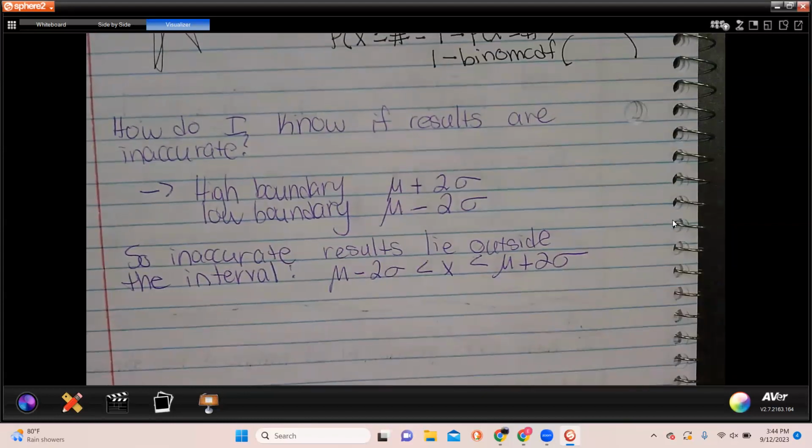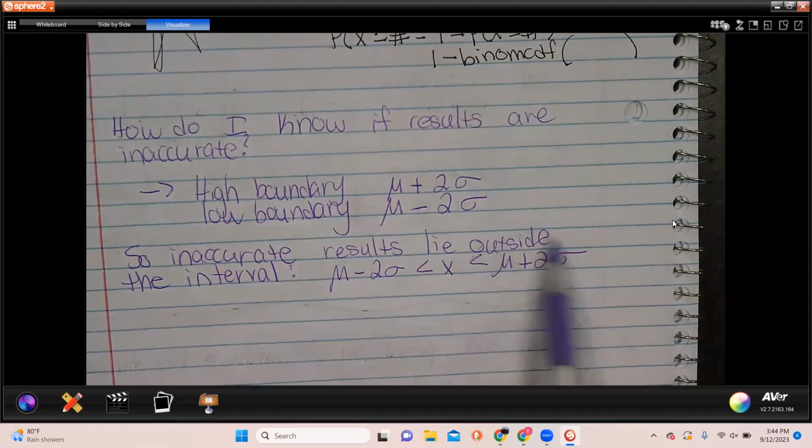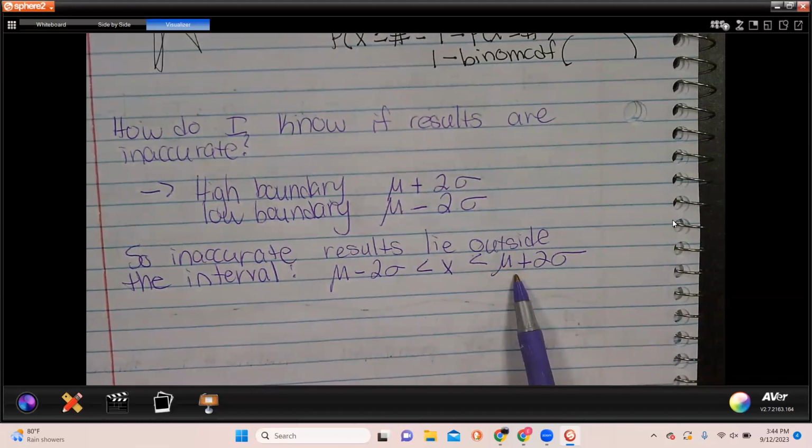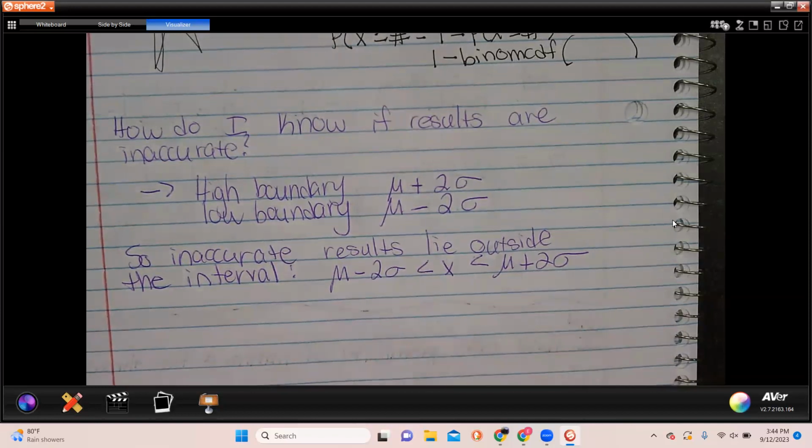So like, let's say that my result was about 0.73. Okay, 0.73. But my maximum value is 0.68. If my maximum value is 0.68, but my result was 0.73, that means that my results aren't accurate. Okay, they were too far from what it was supposed to be. So my conclusion does not work because my results are inaccurate.